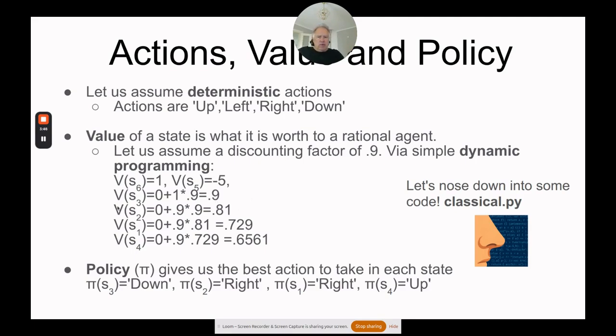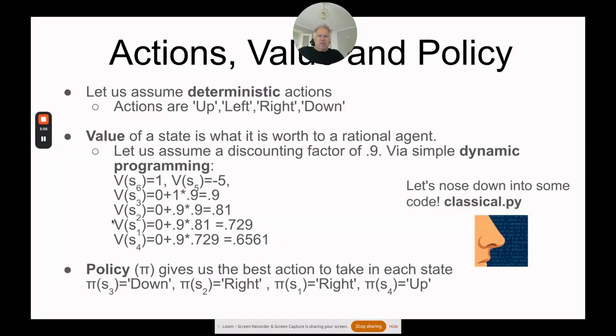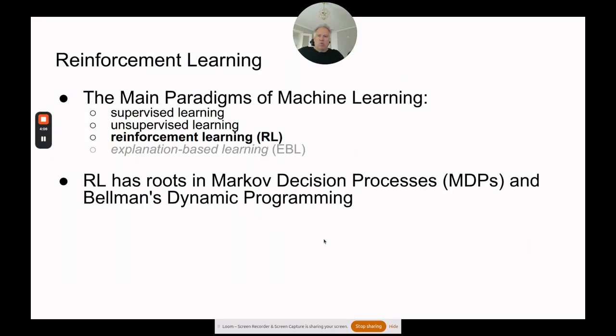If you just continue here, we continue to back up these values. We see, for instance, the value of state 4 is just 0.6561, because from here the rational thing to do is to go up, right, and down, but that's pretty far off in the future before you get your reward of 1.